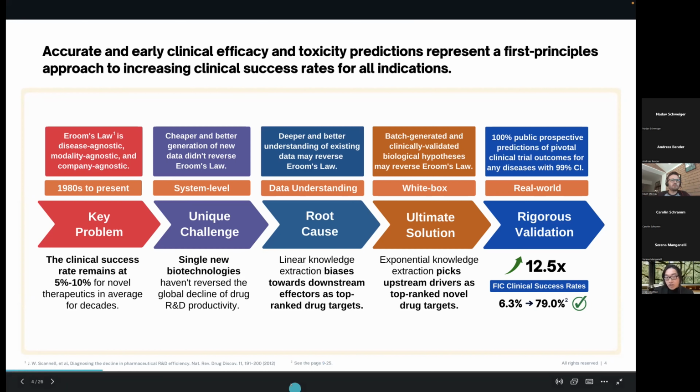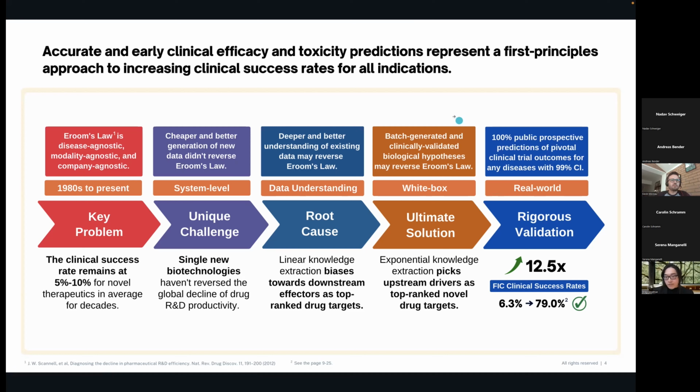So our methodological assumption based on this observation is that it might not be the amount of data that's the bottleneck in clinical toxicity and efficacy prediction, but instead there might be some systematic bias in the conventional bioinformatics approach towards understanding or labeling biological data that makes top-ranked novel drug targets usually concentrate on the downstream effectors of disease etiology, especially for hard diseases like age-related diseases.